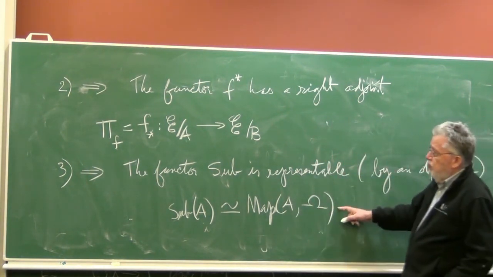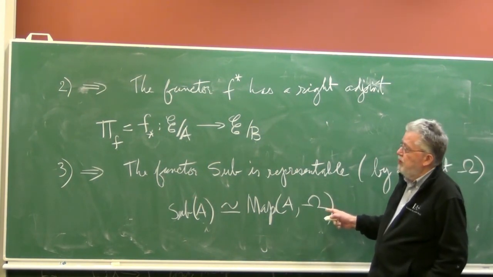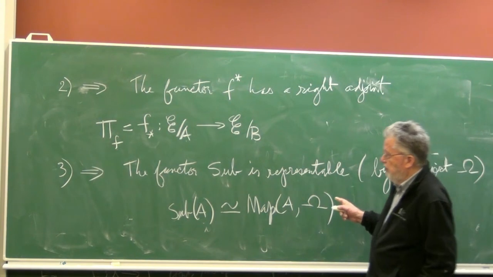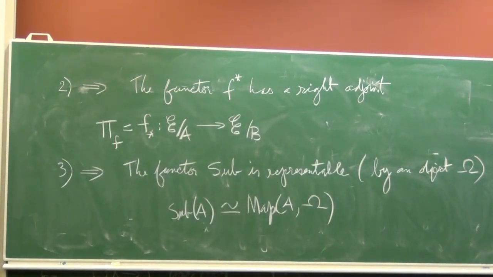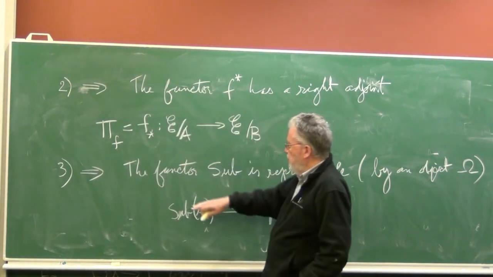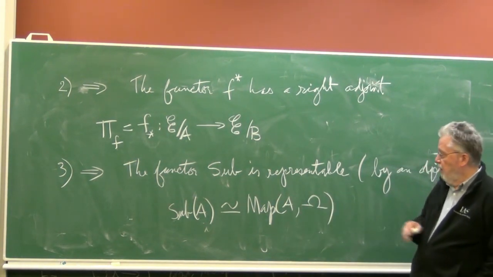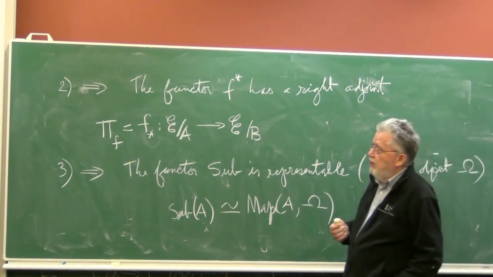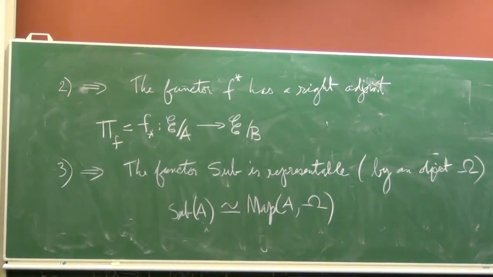Now, these two observations are exactly what the notion of elementary topos is based on. A category with finite limits is said to be an elementary topos if the pullback functors have a right adjoint and the functor Sub is representable. So we see that every protos is a logos.